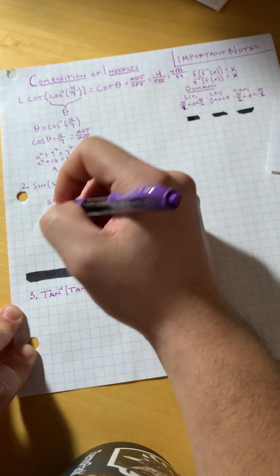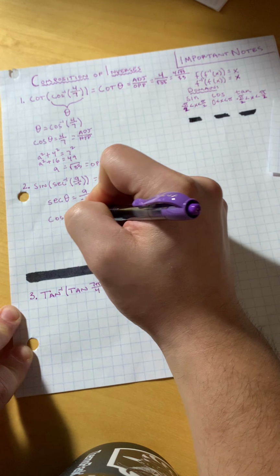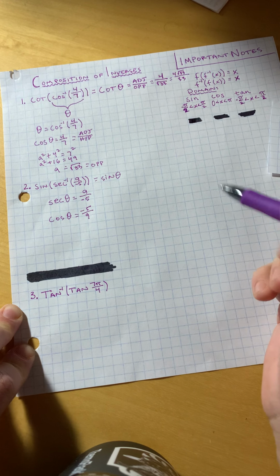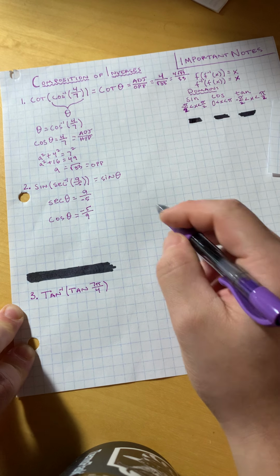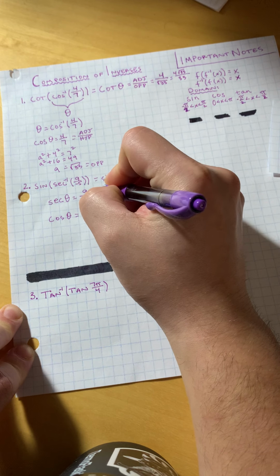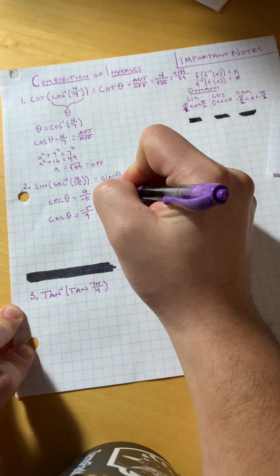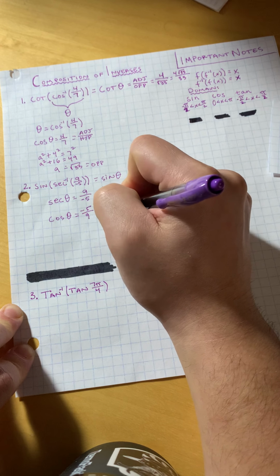Some people are inclined to switch to cosine for peace of mind, I guess. But either way, you'll end up with hypotenuse over adjacent, or adjacent over hypotenuse.